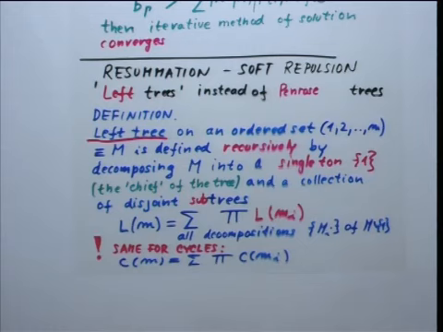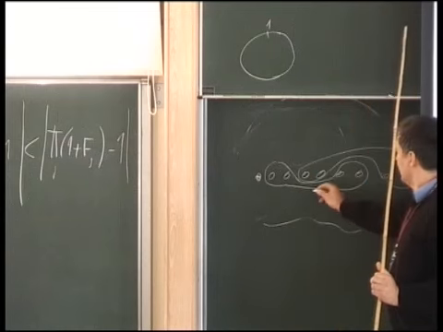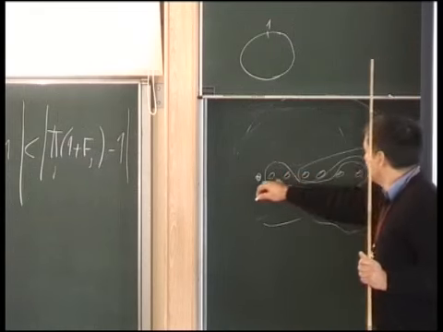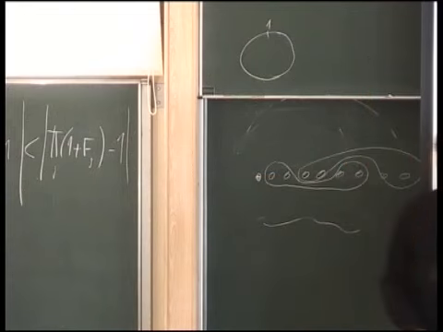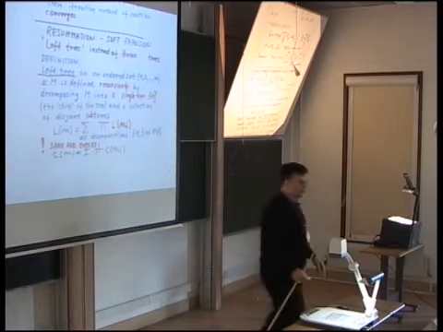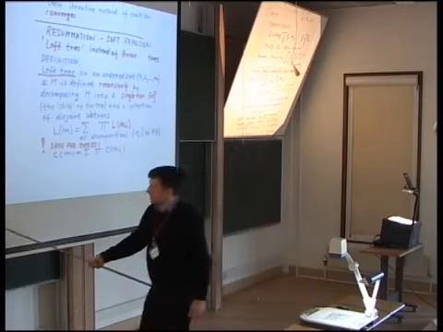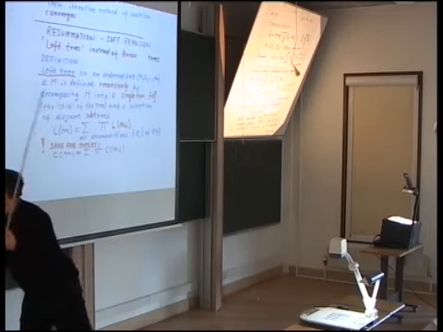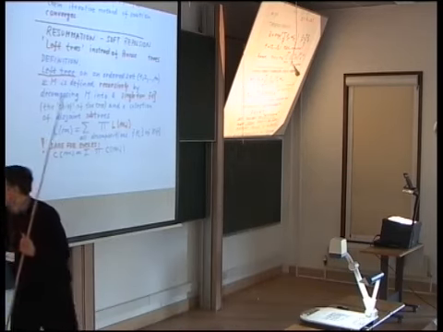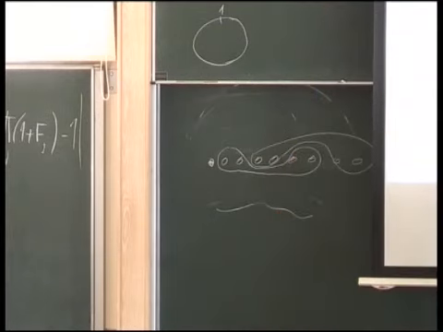Question: when you see a collection of disjoint subtrees, do you assume an order on them? I have substructures on subsets, which are again decomposed by taking the left point. Yes, because you have an order which is somehow hereditary for subsets.